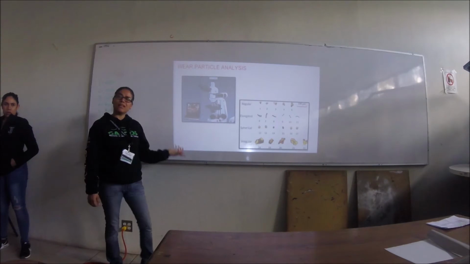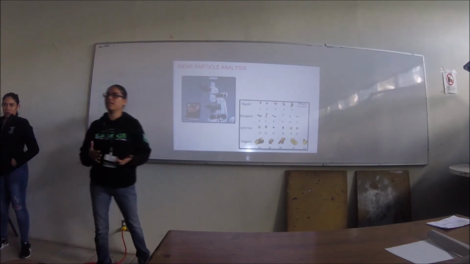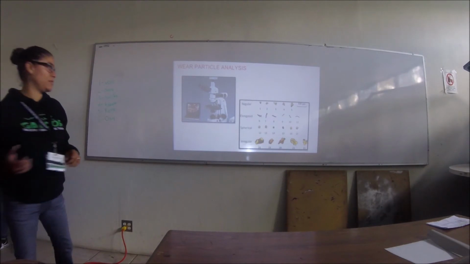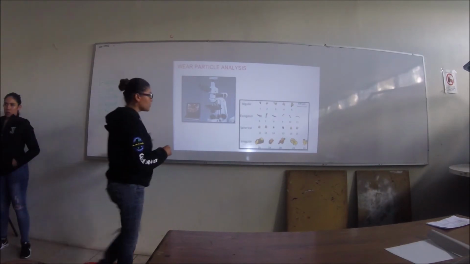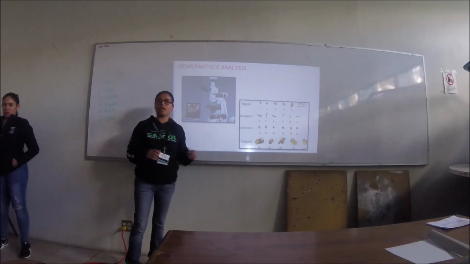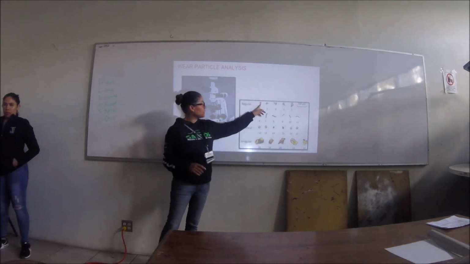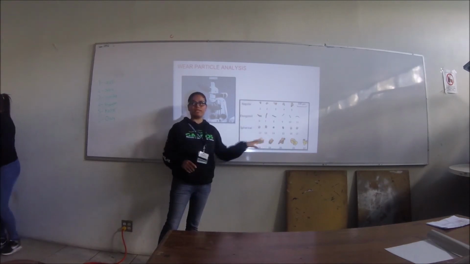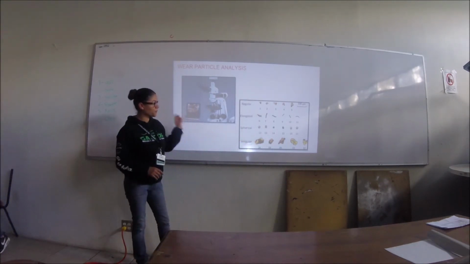The particles in the lube can tell us a lot of things about the machine, if it is in good condition or not. This information derives from the study of the particle shape, the size, the quantity, and the composition too.